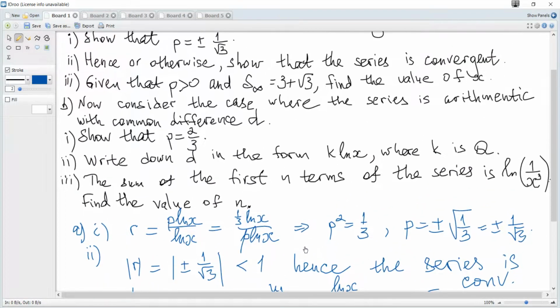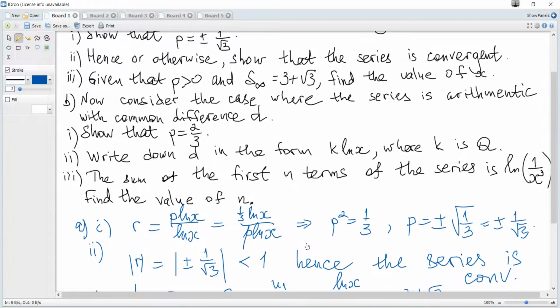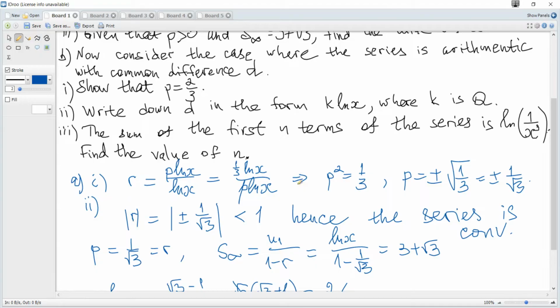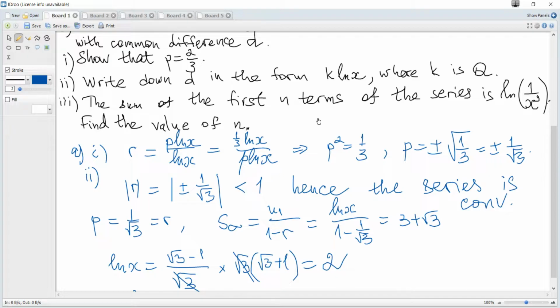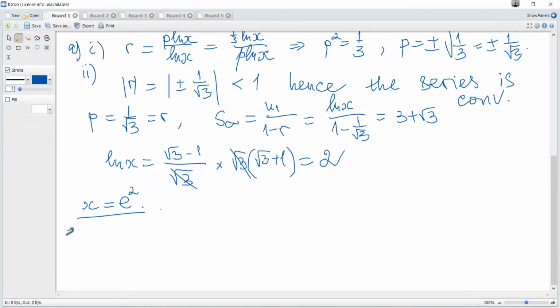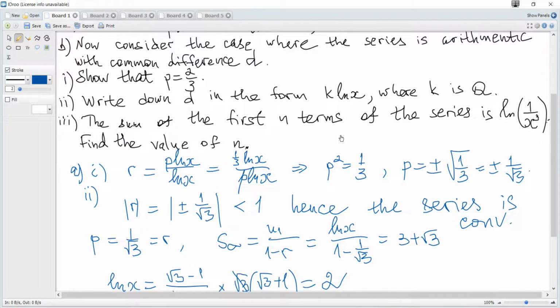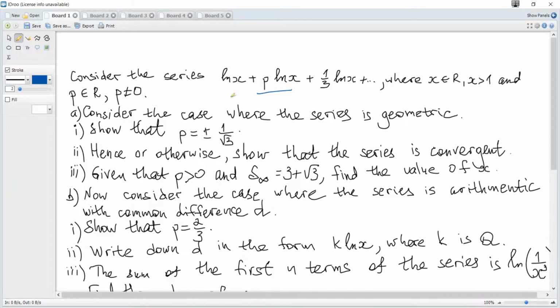The next part: now consider the case where the series is arithmetic with common difference d. Show that p is 2/3. If the series is arithmetic, it means there must be the same difference between two consecutive terms, so any term minus the previous must be constant. Let's consider the second minus the first, and it must be equal to the third minus the second.